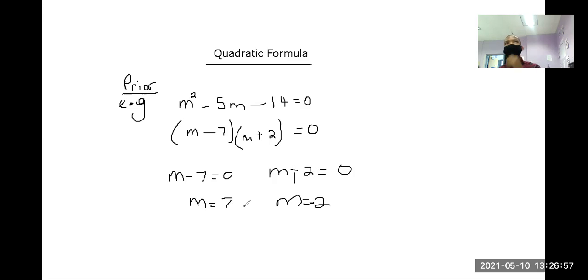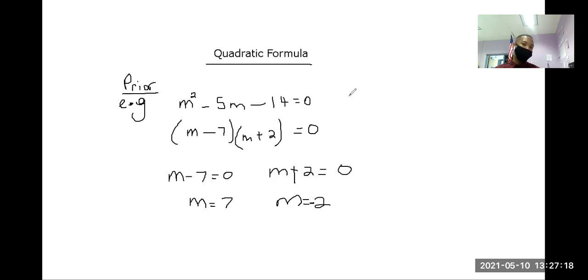So the values for m are 7 and negative 2. Now let's look at an example if it's not a perfect number. What if we have to end up putting fractions in here? That's going to become difficult. That becomes harder. If it's just a flat 7 and a flat 2, then that's easy.